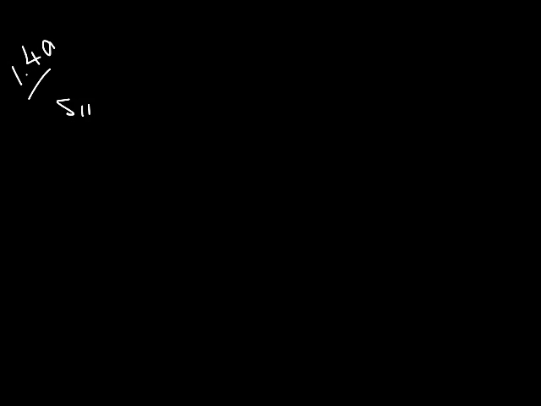We've already said that sine of theta is opposite over hypotenuse, or y over r. And then we said that cosecant is its reciprocal, and it is r over y.